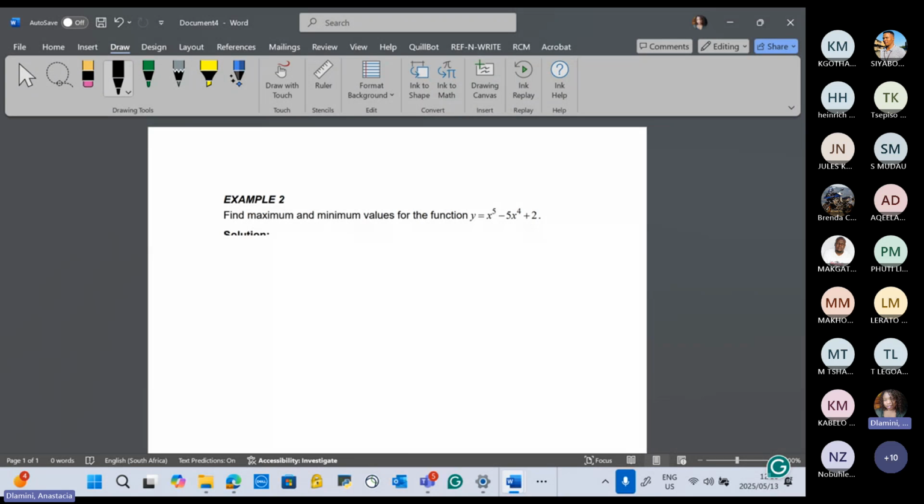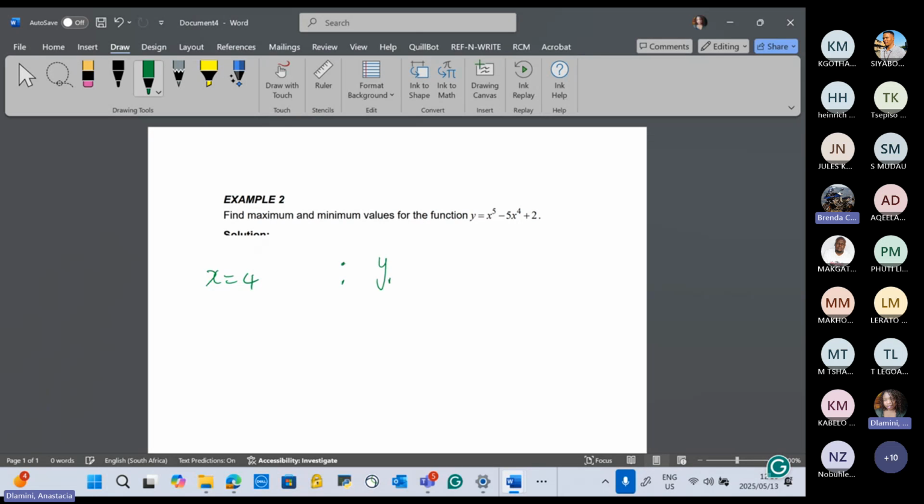Then after, we say, okay, fine. This point is where I'm going to find my maximum, and this point is where I'm going to find my minimum. According to us, x equals 4 is the position where we'll find our minimum, isn't it?